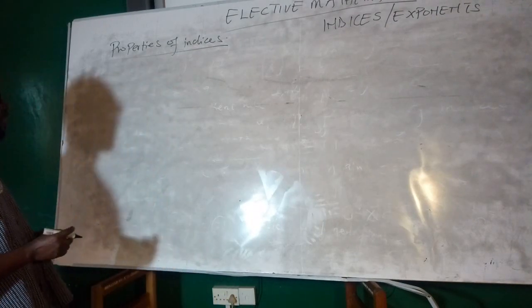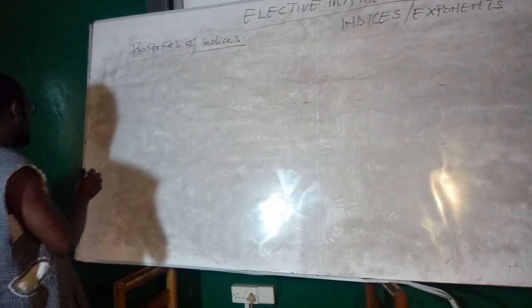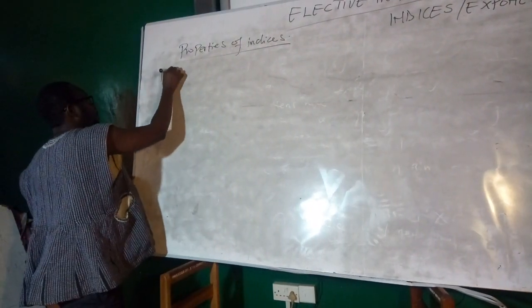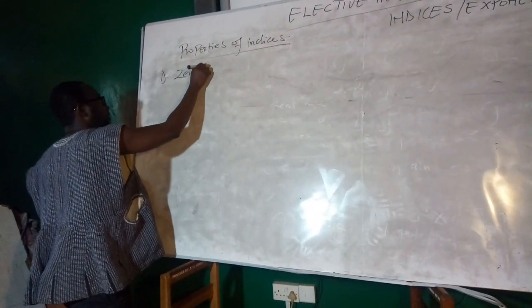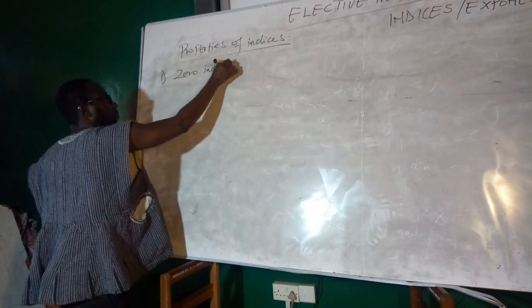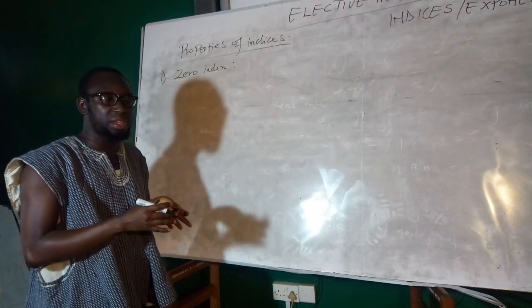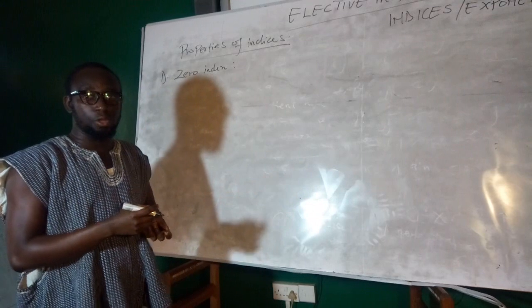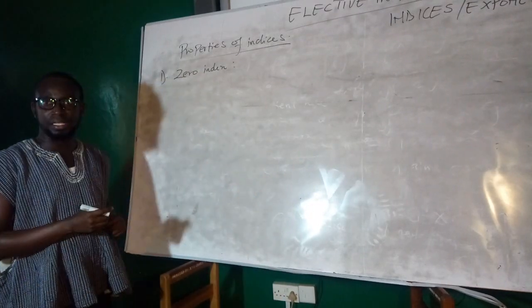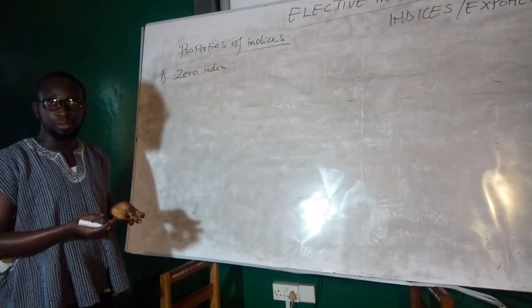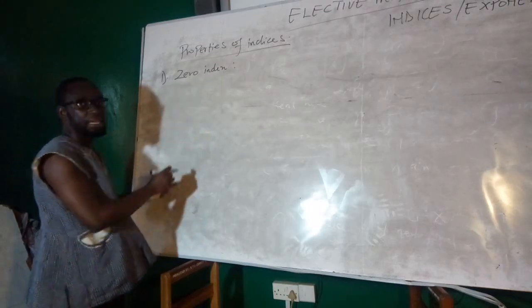So let's look at the properties of indices. The first one, we have what we call the zero index. Now for the laws, we look at where we have positive exponents. So what if we have a zero exponent? What do we do? So that is where we have the zero index.